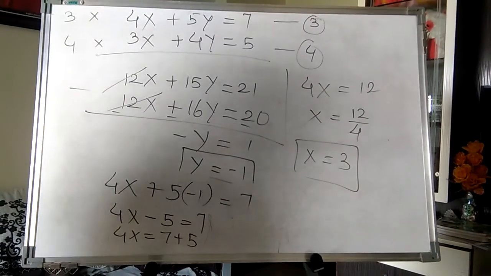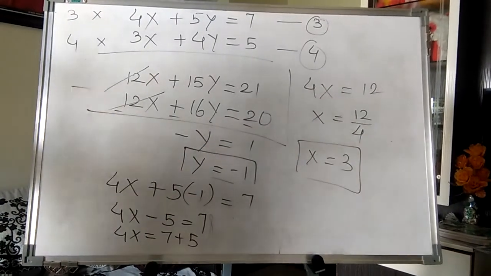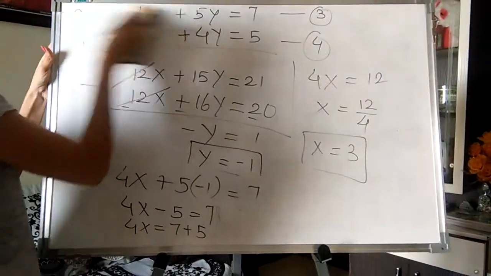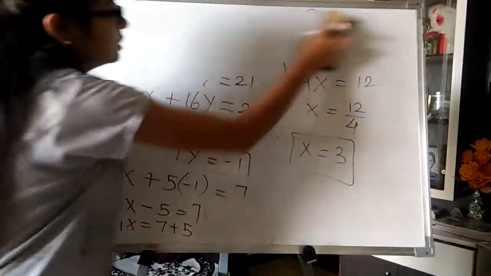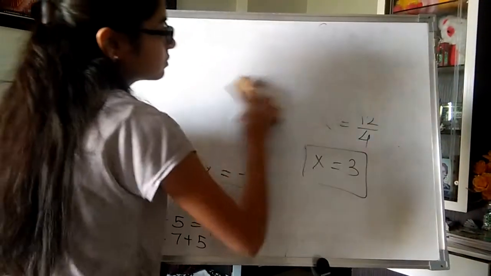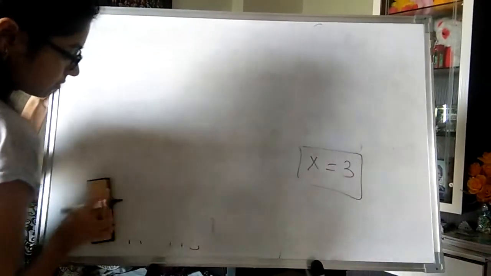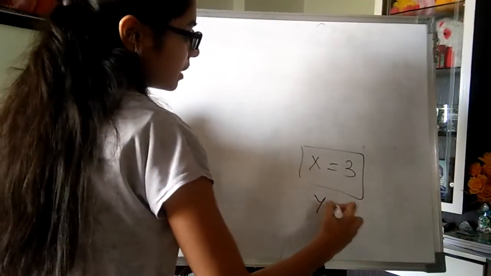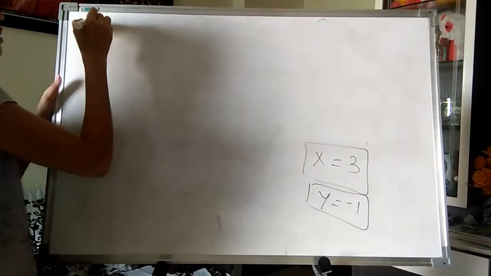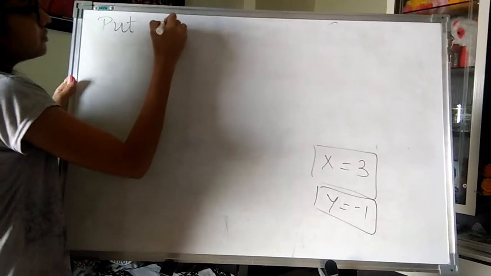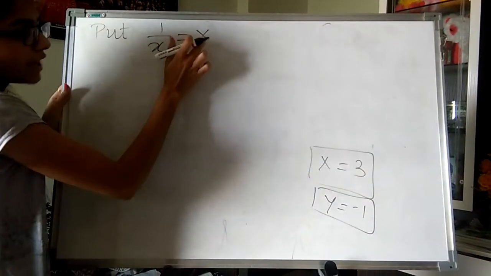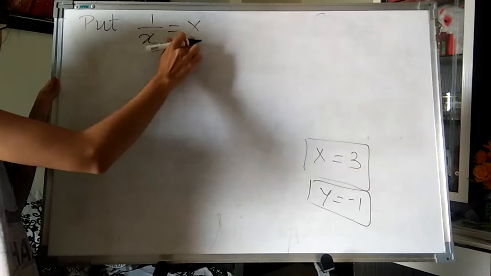Now what about the roots of the main equation? That is your equation number 1 and 2. Remember the values of capital X and capital Y. Capital Y is minus 1. What we have done: 1 upon x is capital X. So put this value of capital X, 3, in this equation.